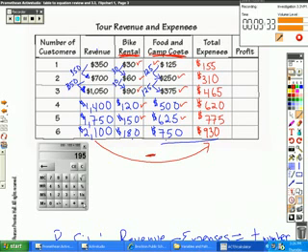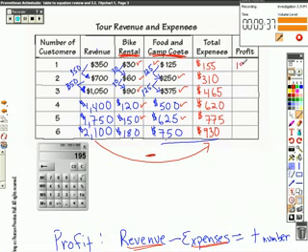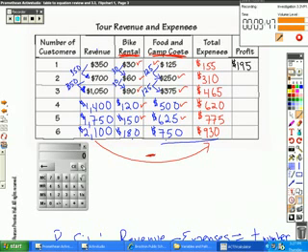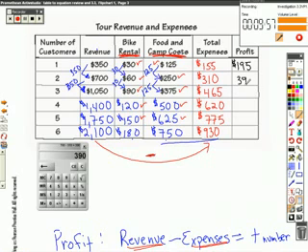And that gives me 195. The next one is 700 minus 310. That's 390.